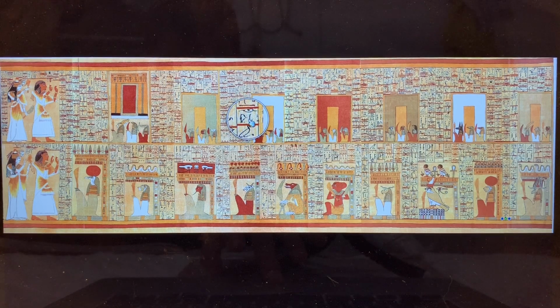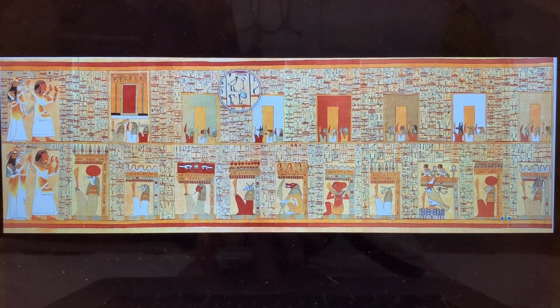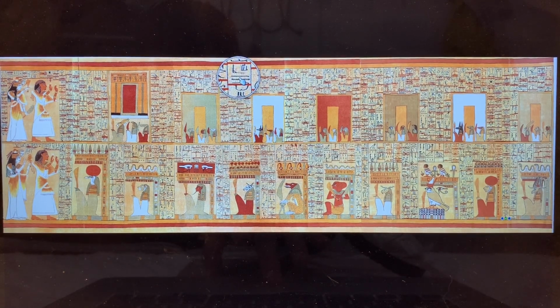Words spoken by the Osiris Ani. I am the secret one, continues up here, secret one of the cloudburst. The one who separated the two companions.